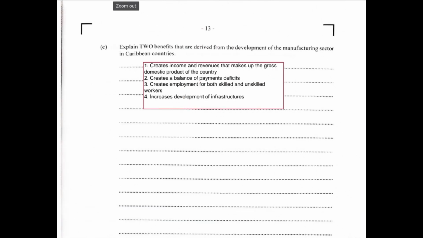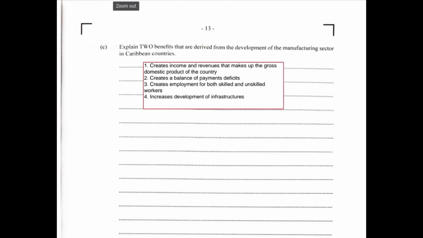C of the question asks that we explain 2 benefits that are derived from the development of the manufacturing sector in Caribbean countries. Now, the manufacturing sector in the Caribbean is very important, and 2 benefits include, but are not limited to: 1, it creates income and revenues that make up the gross domestic product of the country.